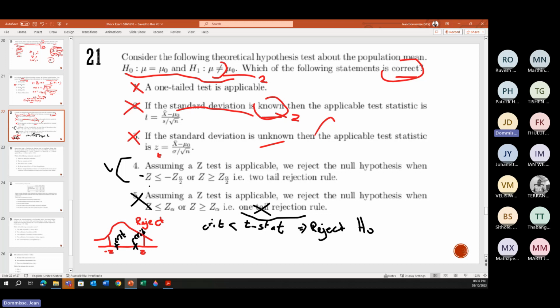I know the summary also doesn't have a minus Z. I would just have wanted it to be consistent, but that's a minor thing. This one is totally wrong because we're not working with one tail. This one is totally wrong because we're not working with one tail. And these ones were also totally wrong because they were misclassified. Okay.